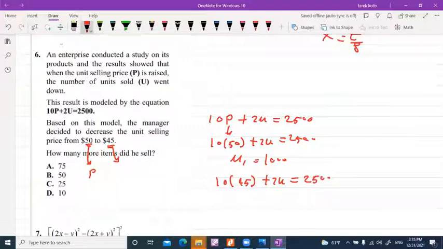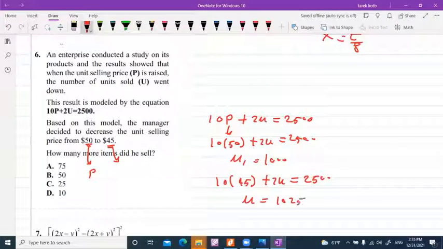The u equals 1025 if you solve this equation. So let me see the difference between these two numbers. It will be 1025 minus 1000. That means 25, meaning the number of units increased by 25.